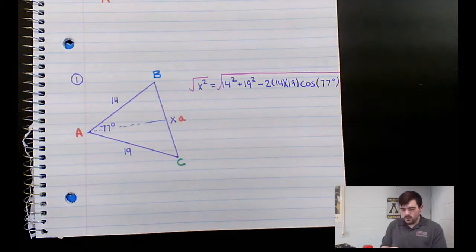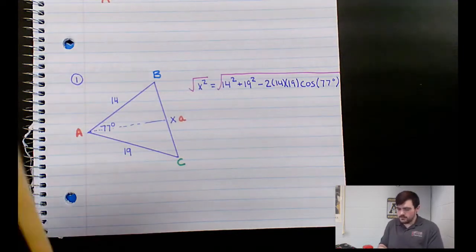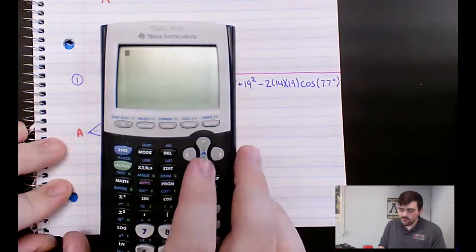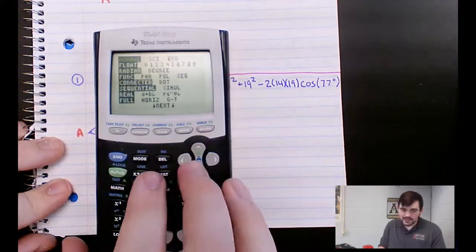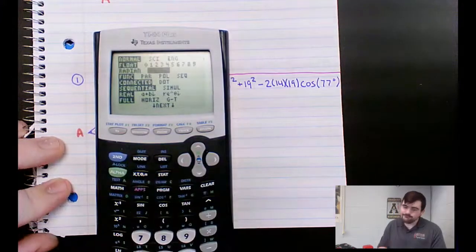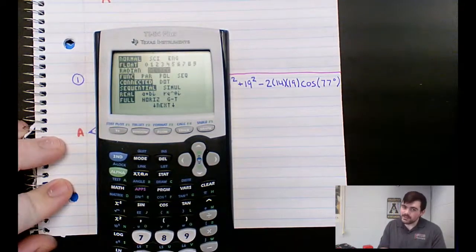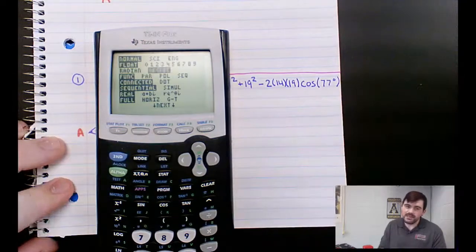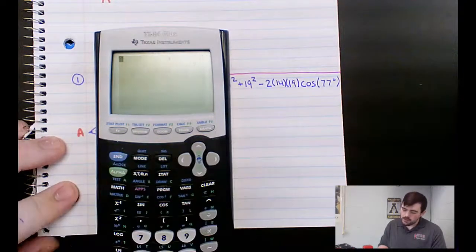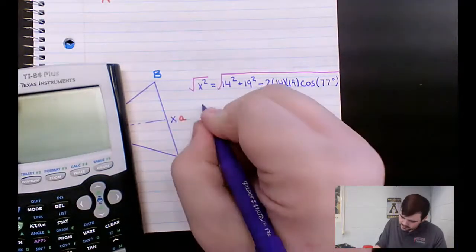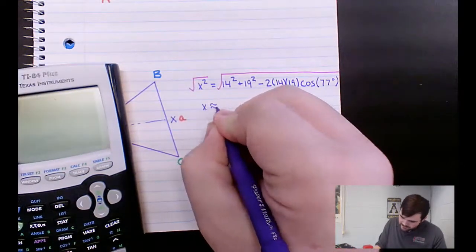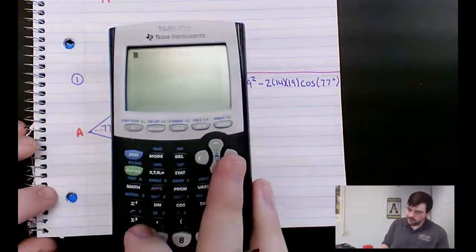Okay? So, first, let's do a good old vibe check on our calculator and make sure that our mode is in degree mode. Otherwise, we're going to get messed up here because we're working with degree angle measures. So, I took the square root of x squared, that is x. All of this is going to give me an approximately equal to number.